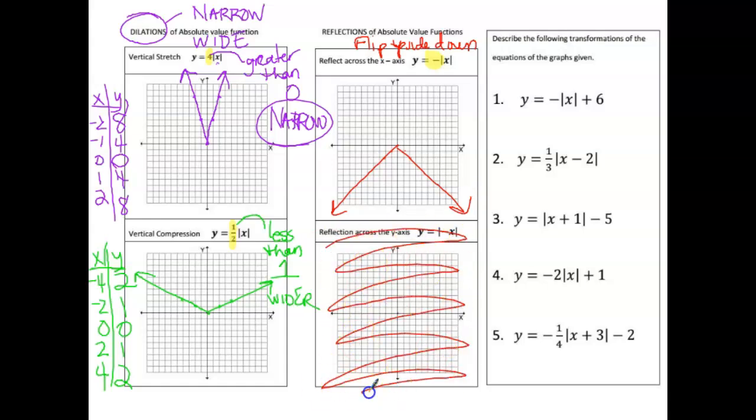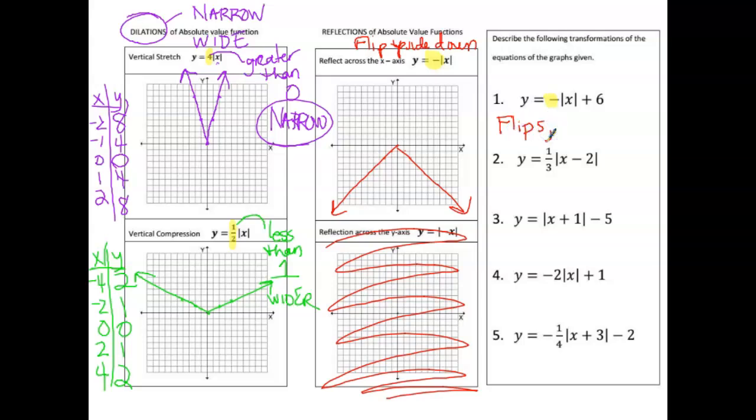Now that you know the basics, let me explain over here to the right. We're going to practice this, so whoever's in here needs to stop the video to give you some time to try these. But it says, describe the following transformations. So, we go through this real quick, and then you guys can check these answers. This is a negative here. A negative on the outside means it flips.